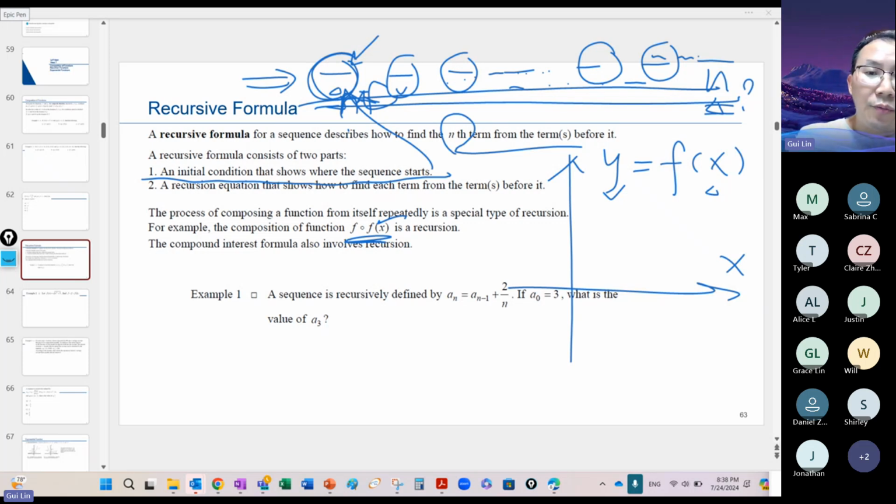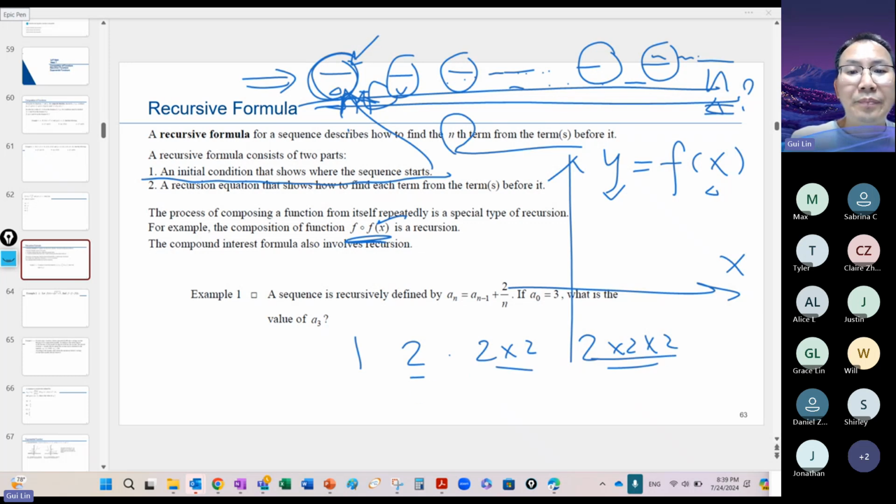Let's say first they give you $1, and each time I always double it. So the second one is 2, and the next is 2 times 2, and then 2 times 2 times 2. This pattern always doubles the term in front.